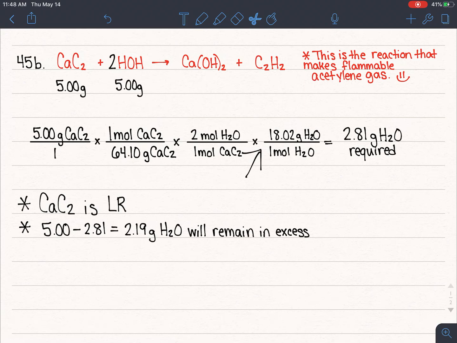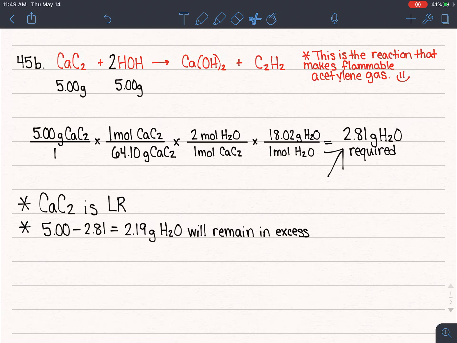And then our last step to figure out grams is always to multiply by the molar mass of the compound we're looking for. And so here we're comparing calcium carbide to water. Putting 1 mole of water on the bottom so that the units cancel out, and then 18.02 grams of water on the top. Again, that's the molar mass of water. Hopefully you have that memorized at this point. We've used it quite a bit. When I run that calculation through the calculator, I get 2.81 grams of water.